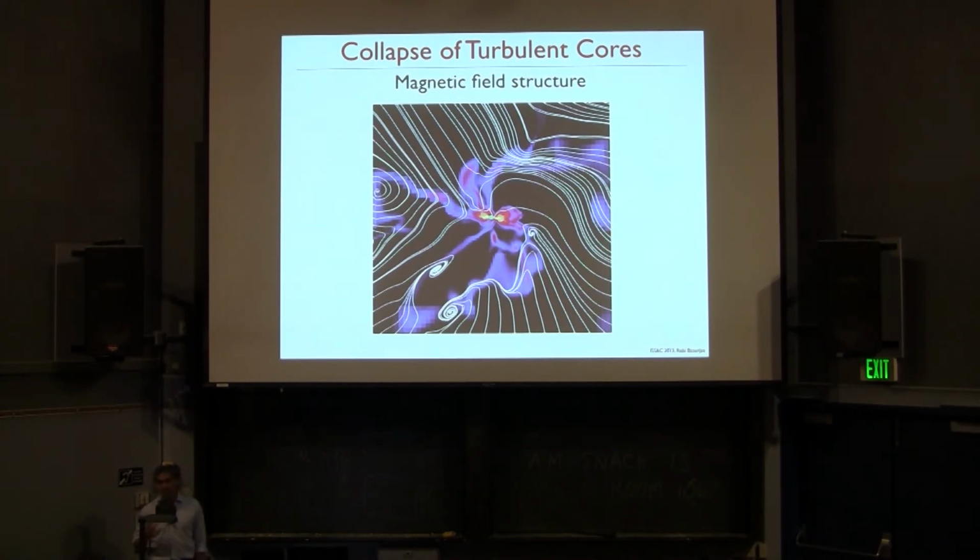It's very hard at this point to define something like a coherent magnetic field, the one you start your simulation with. If you zoom in closer to your collapsing object, you're losing this large-scale structure, and you get a lot of field bending. And I think this is one of the main reasons why magnetic braking is very inefficient in a case like this, where you don't have a field nicely anchored to a non-rotating environment.